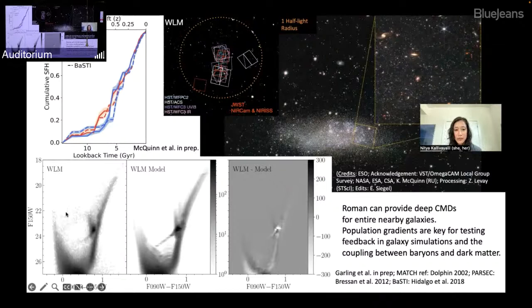And this is showing some of Chris's work, showing the JWST NIRCam WLM data, his star formation history model, and then a data minus model in this final third here. And again, this module for star formation histories that he's been working on should be available and ready to use by the public in the not too distant future.